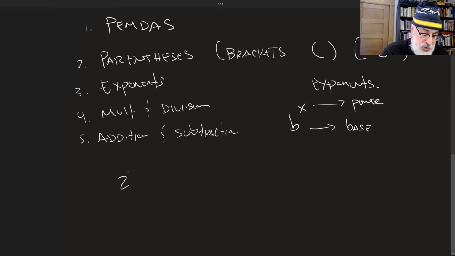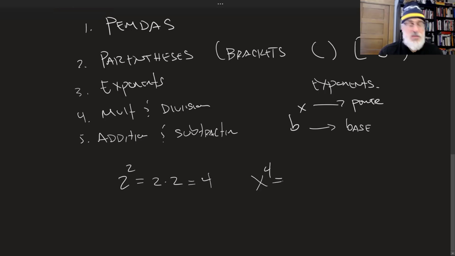All right, so 2 squared, the base is 2, the power is 2, and this relates to multiplication in this fashion. We multiply the base however many times of the power. So 2, we multiply 2 times. So we have 4. Another example is x to the 4th. That means we multiply x 4 times.